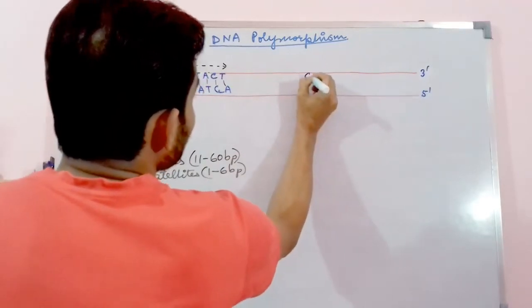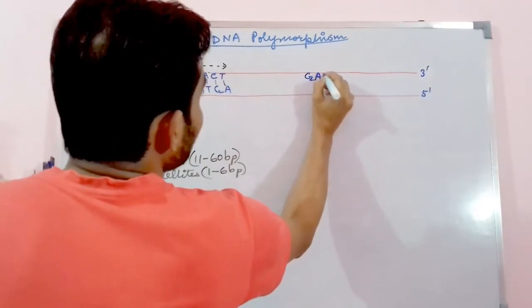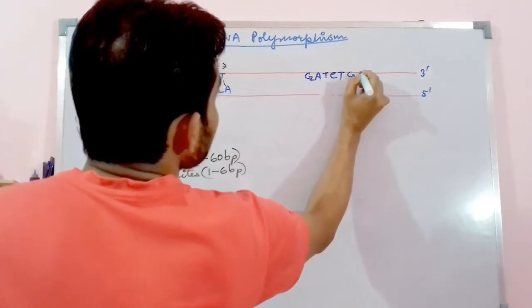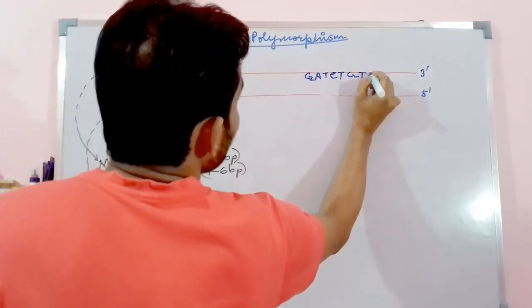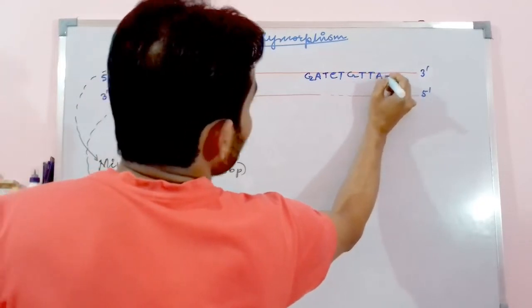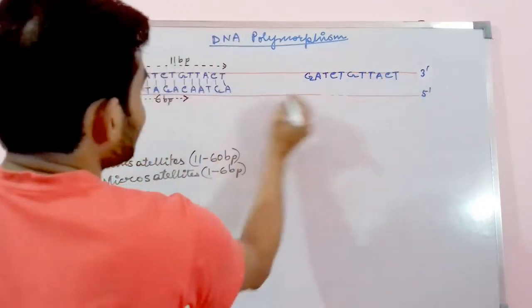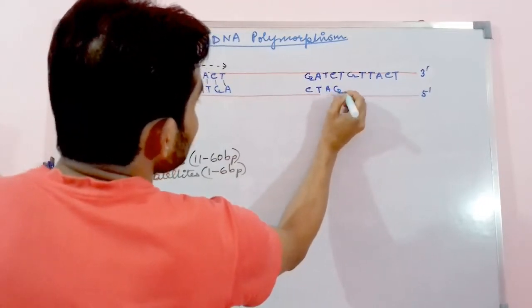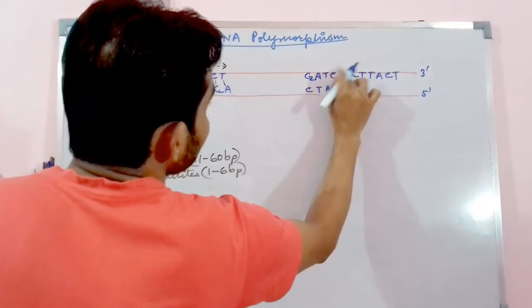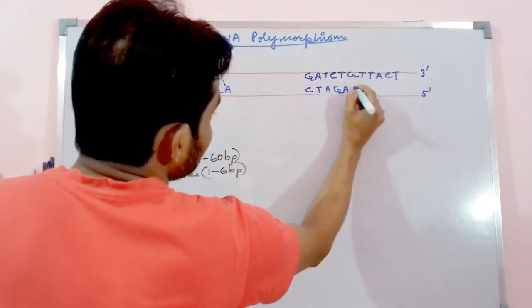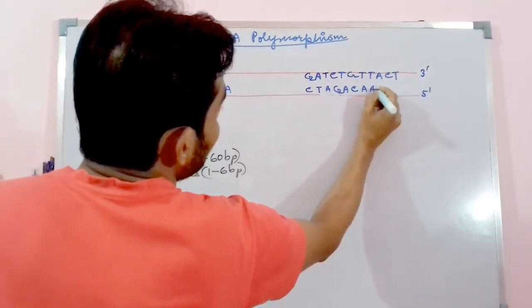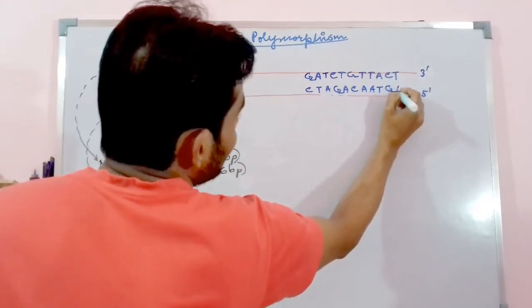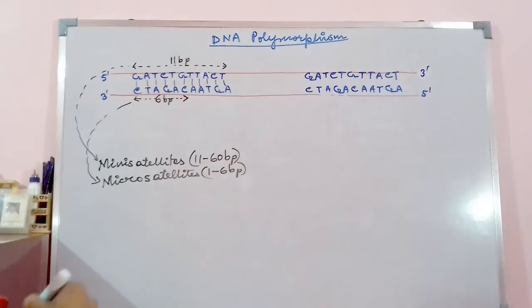It will be G, A, T, C, T, G, T, T, A, C, T, and I write the complementary sequence also, C, T, A, G, A, C, A, T, GA. Okay.